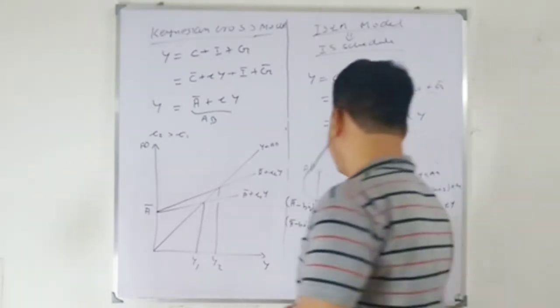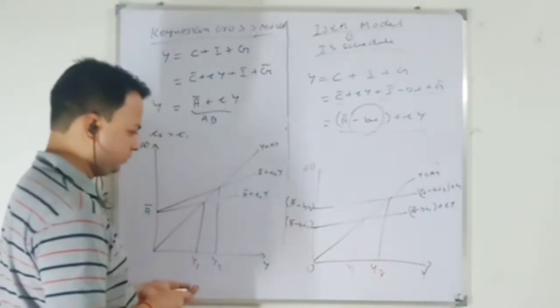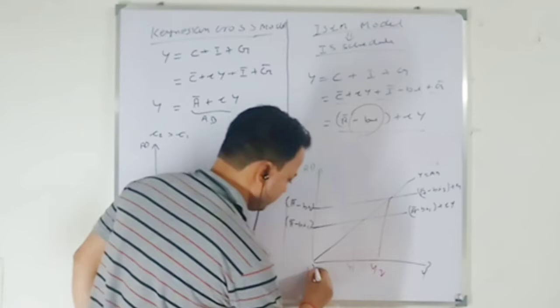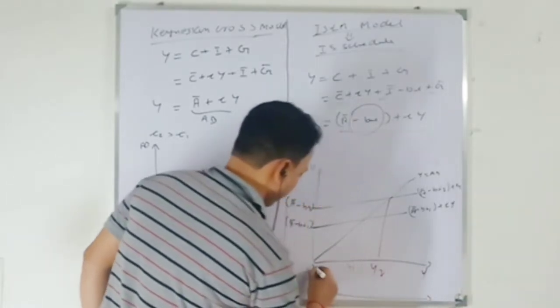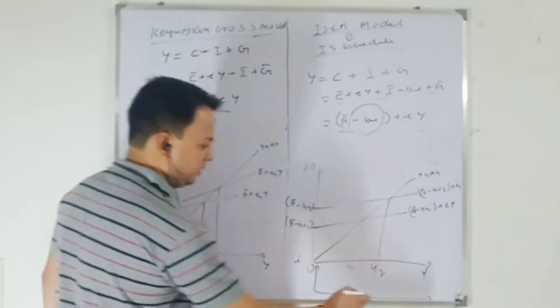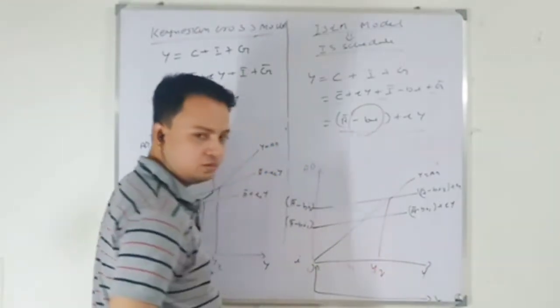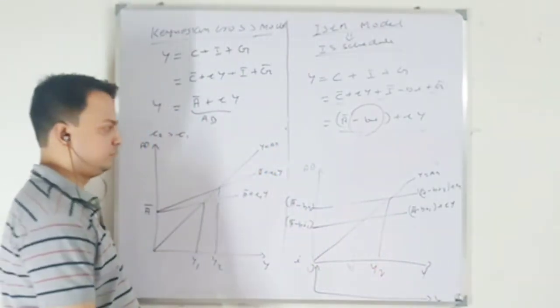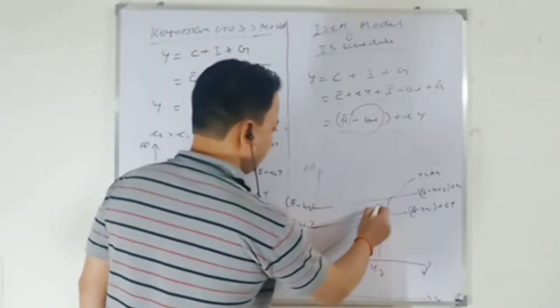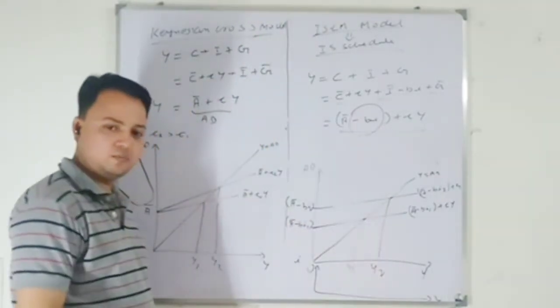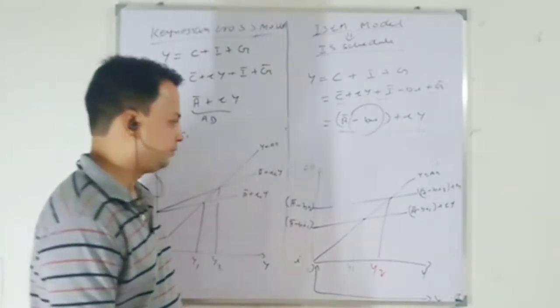I am drawing with respect to I. So I am looking at a combination of rate of interest and income at which goods market will be in equilibrium. Because this point represents goods market equilibrium, this point also represents goods market equilibrium. Y equal to AD.